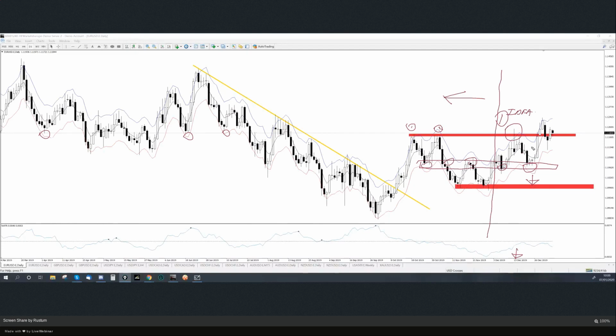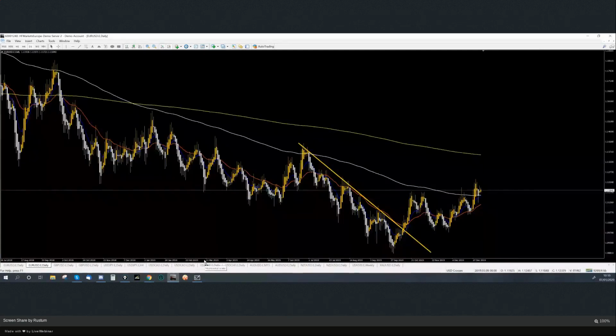So what we do now is, even though we are looking at our standard classic chart, we can make use of our Heikin Ashi for confluence. Because again, here we have exactly the same thing.